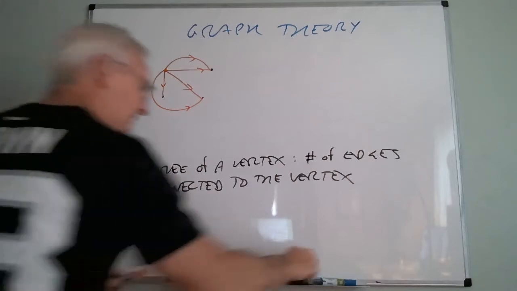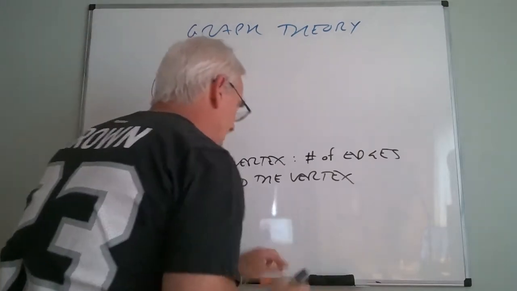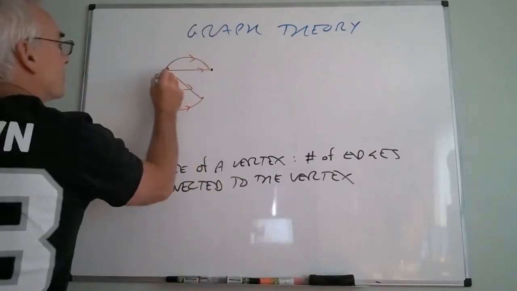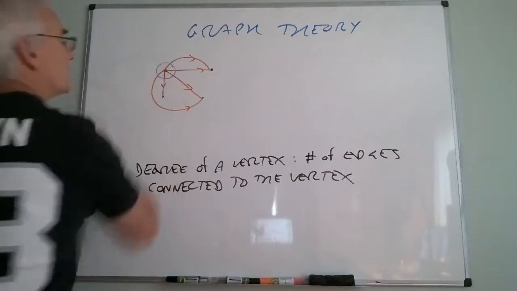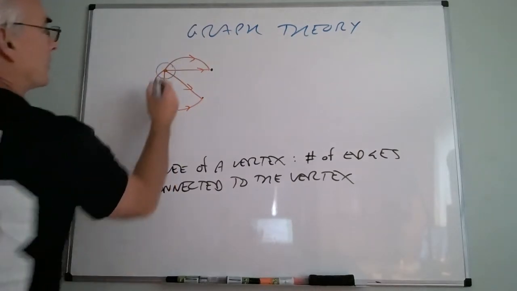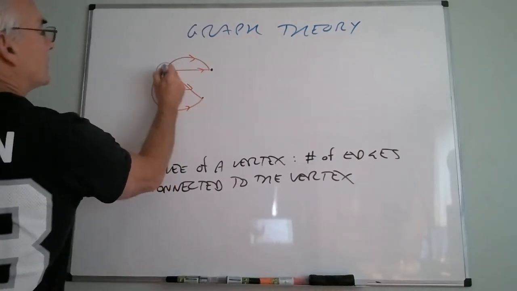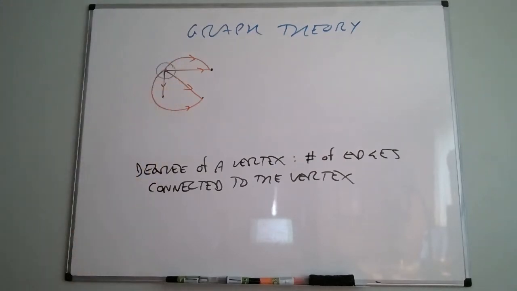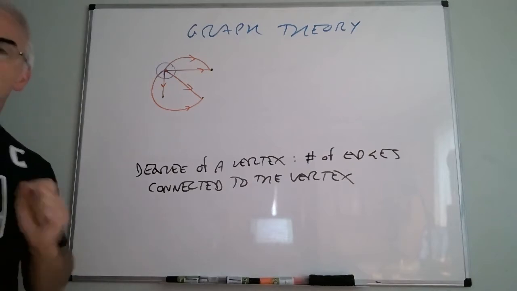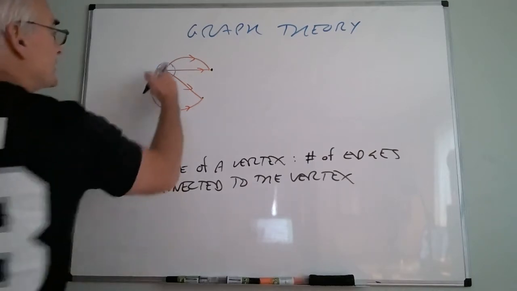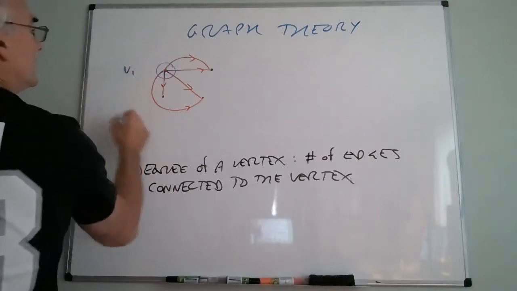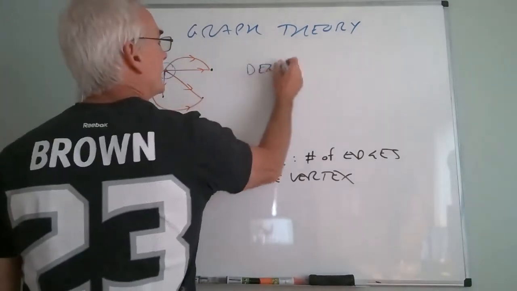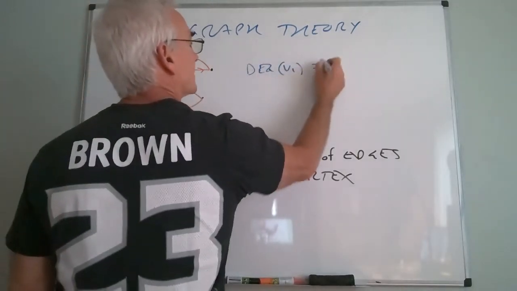The easiest way to do it is don't look at the other vertices. I like to draw a little circle around it. How many distinct little things did I cross? There's 1, 2, 3, 4, 5. There are 5 little directions leaving that vertex. Where they're going is irrelevant. It's how many are leaving. So if this is V1, then we'd say the degree of V1 is 5.